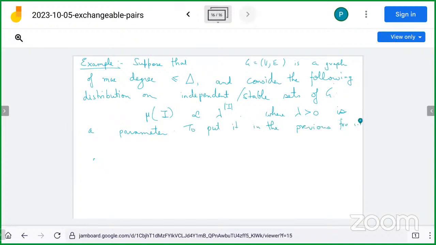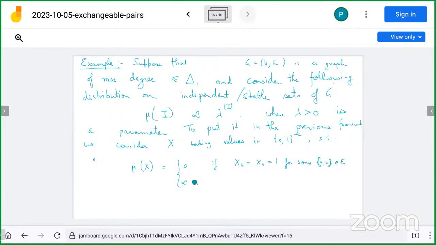We consider X taking values in {0,1}^Omega such that mu(x) is equal to 0 if x_u = x_v = 1 for some uv in E, and proportional to lambda to the power of the number of ones in x otherwise. Proportional in the sense that you sum it up and divide by some positive number, then it becomes 1.